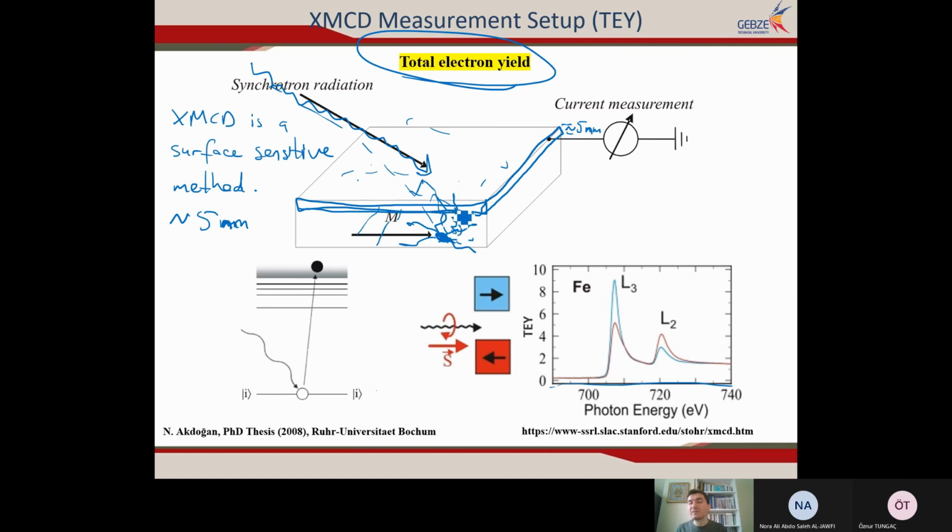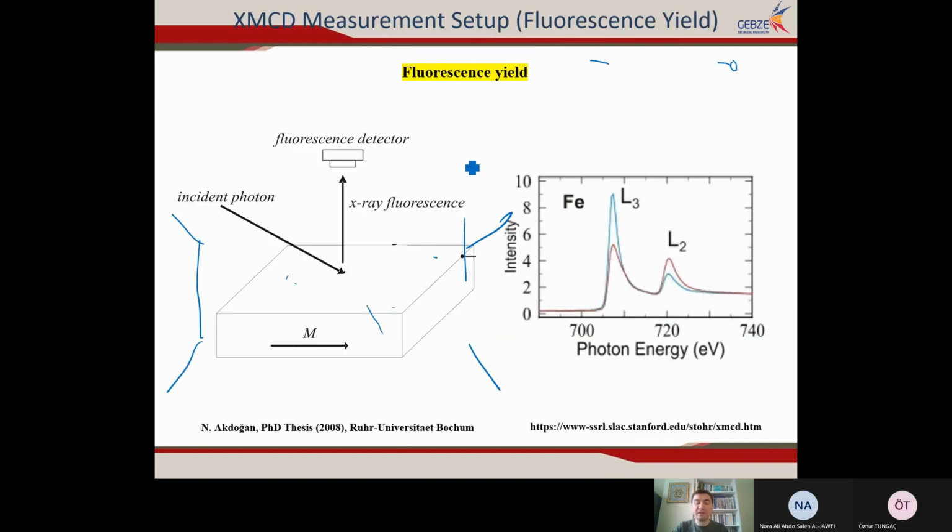During the traveling within the material, fluorescence X-rays and electrons lose their energies, okay? They cannot reach the surface. Only the absorption products close to the surface of the material can reach the surface, okay? Then this method is surface sensitive. Also here, the fluorescence X-rays case, okay? XMCD is a surface sensitive method.